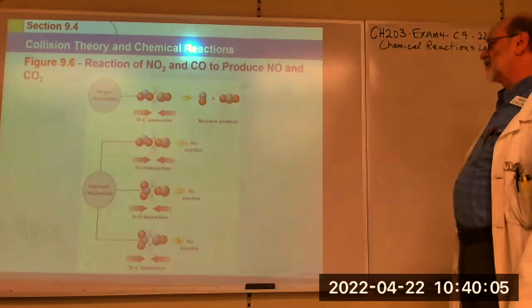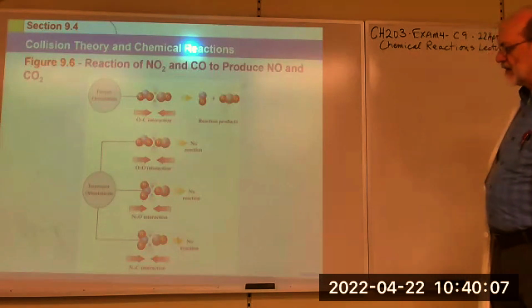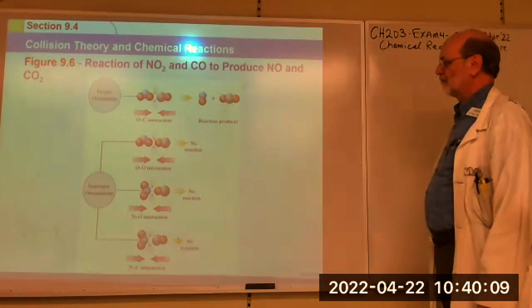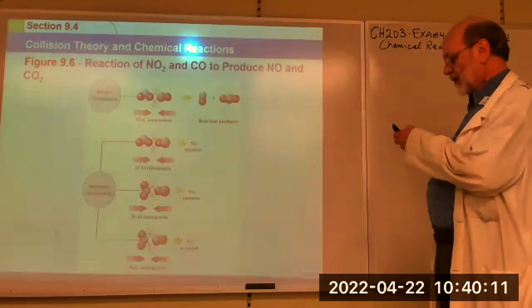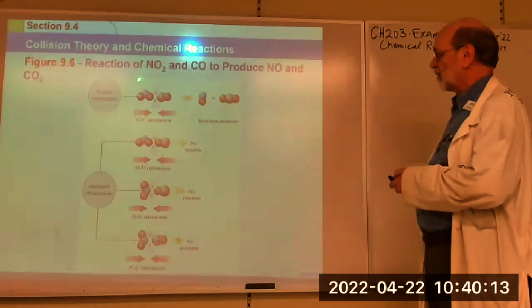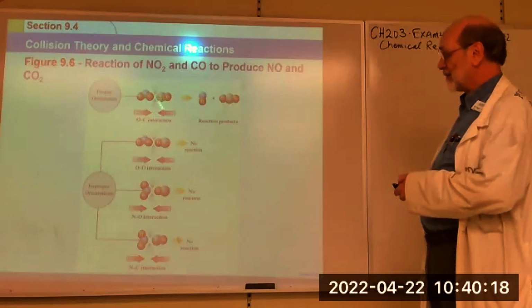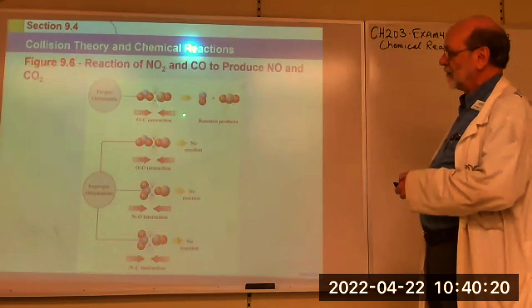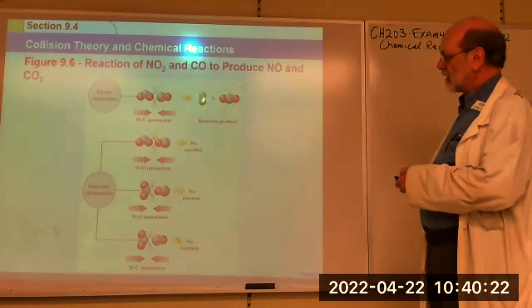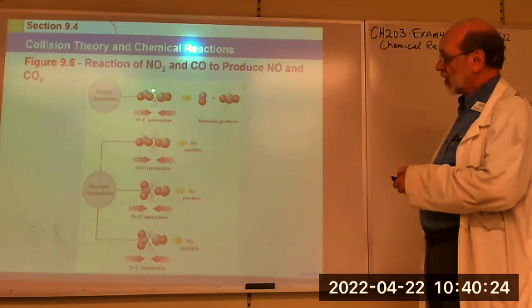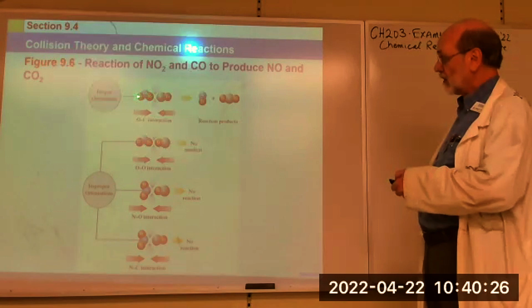All right, so this is your artist idea of explanation. In this case, we have proper orientation and we have enough energy, and they collided. And what we get is nitrogen and oxygen forming, coming out with the existing bond here.